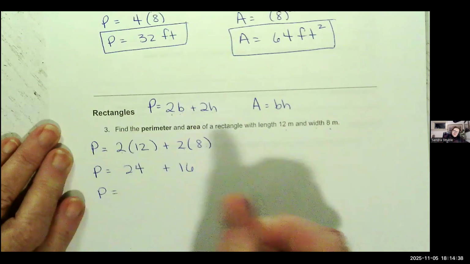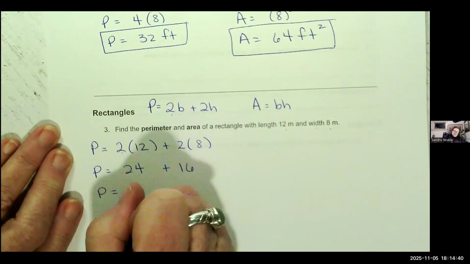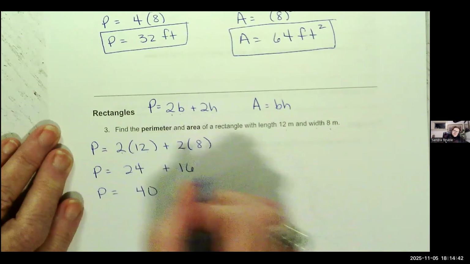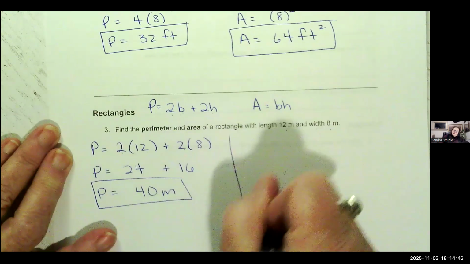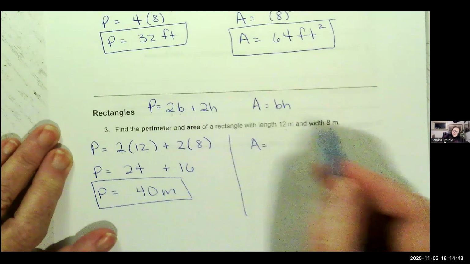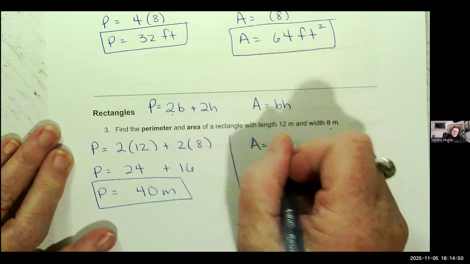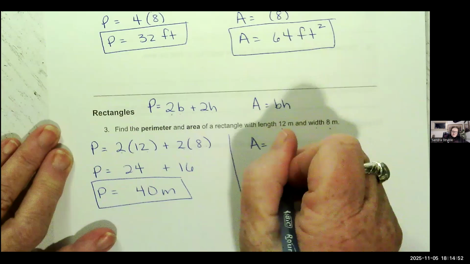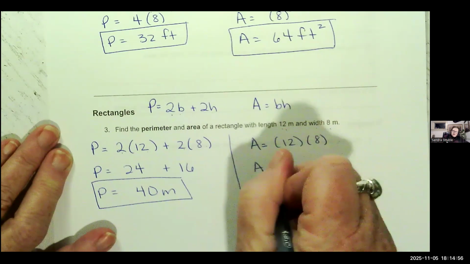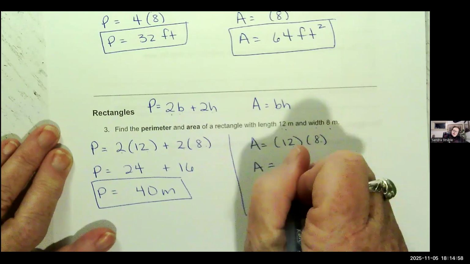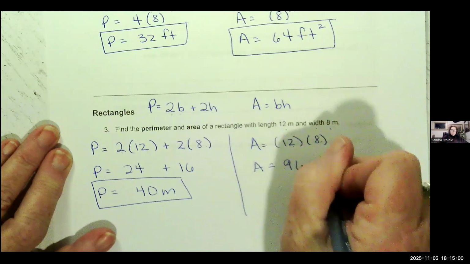And that is 40. Our unit is meters. For area, base times height or length times width. So that's going to be 12 times 8. Our area is 96 meters squared. Area is always measured in squares.